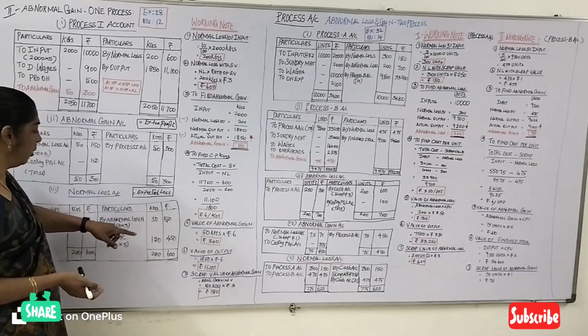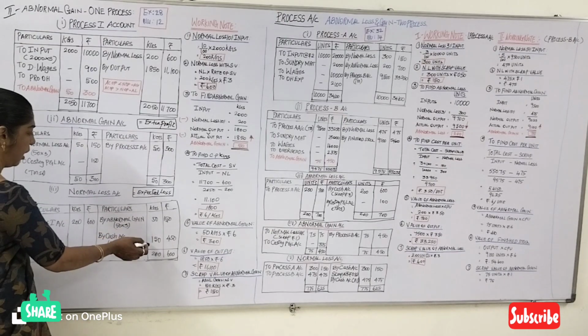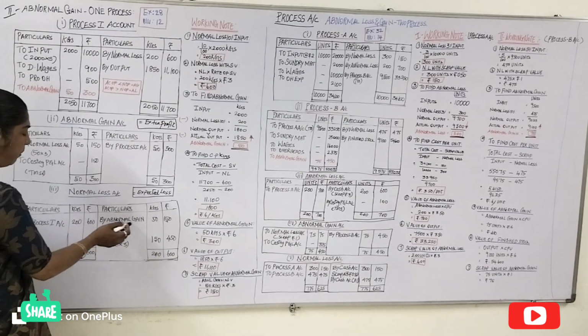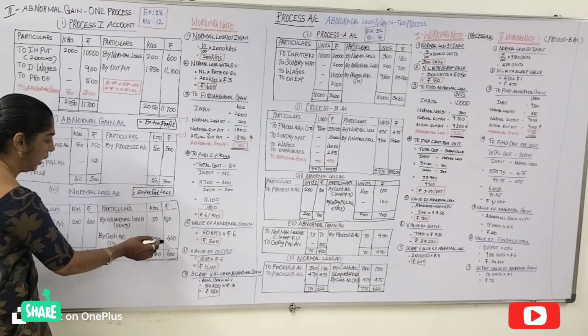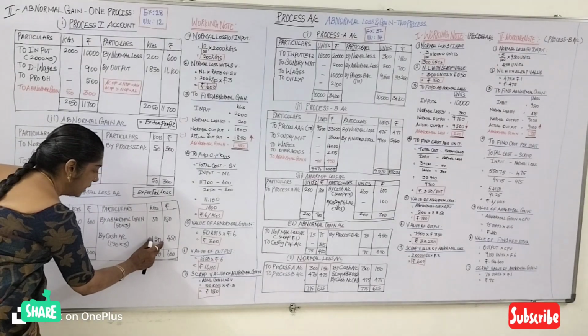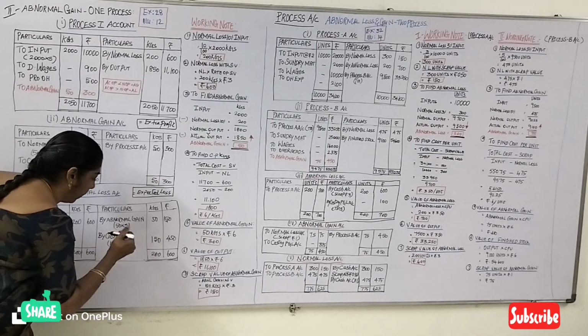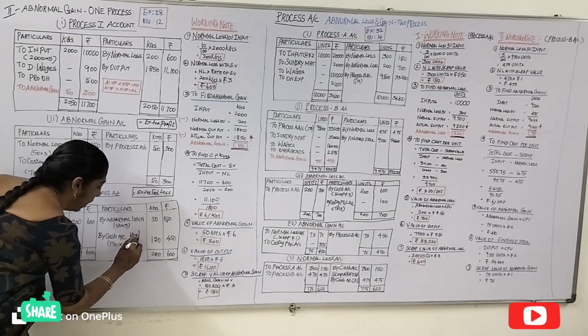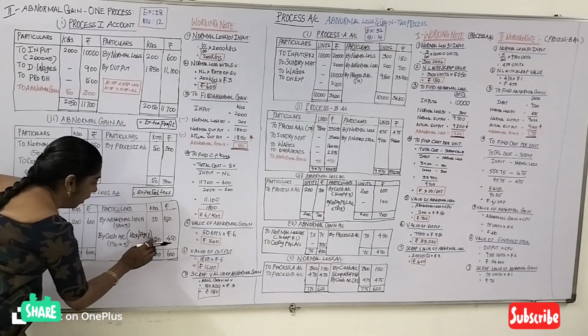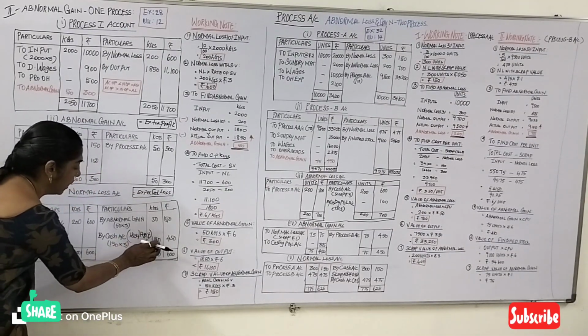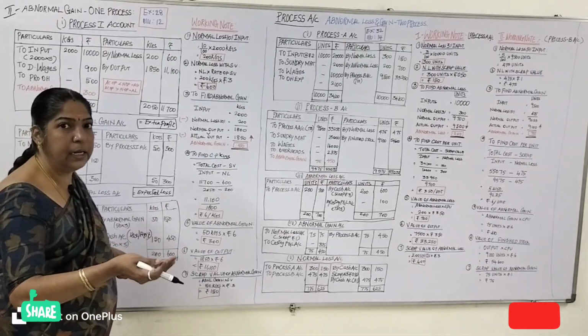Then what is the value after subtracting 200 minus 50? You got 150 kgs. That 150 kgs is real profit. You can receive cash while selling it.